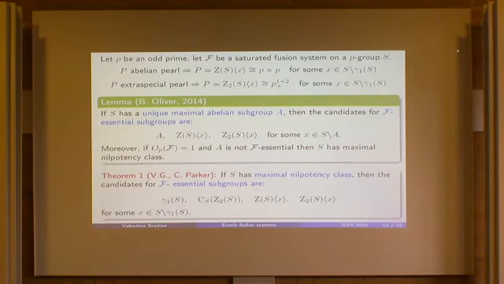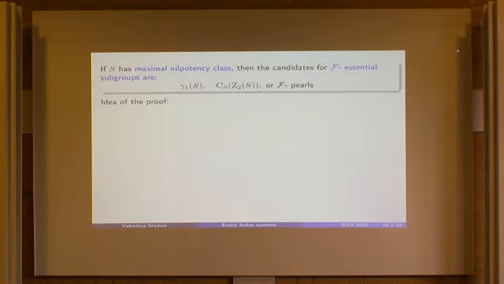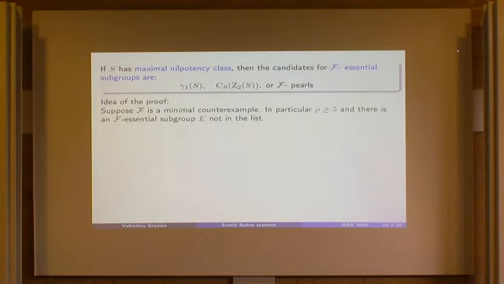Okay, I want to conclude giving you the flavor of the proof and telling you a bit of the tools we are using to prove this main theorem. So the first thing we do, we take a minimal counterexample. So we take a fusion system F where these are not the essentials. So there is some essential that is not in this list.